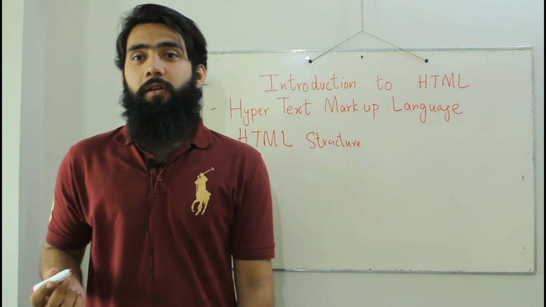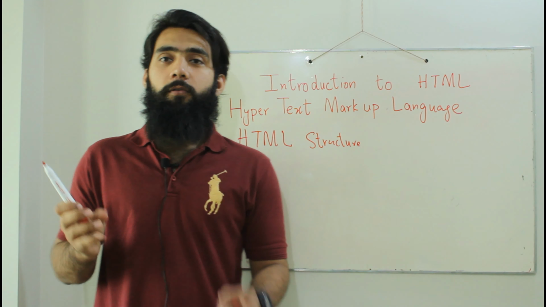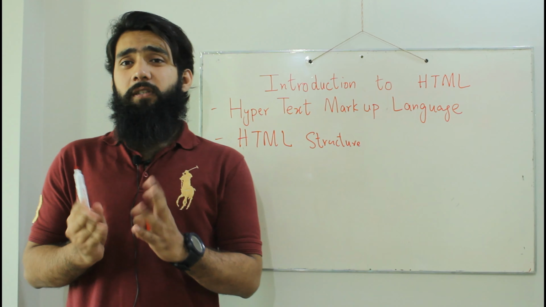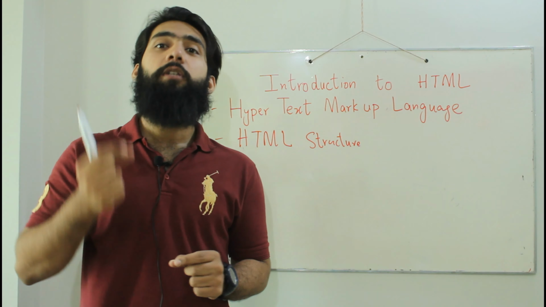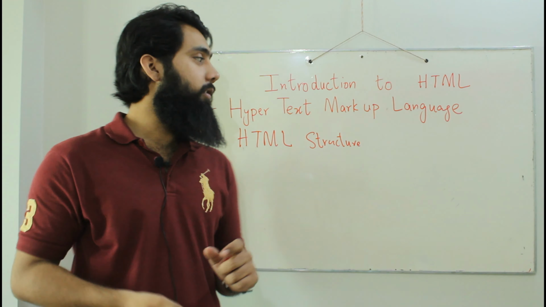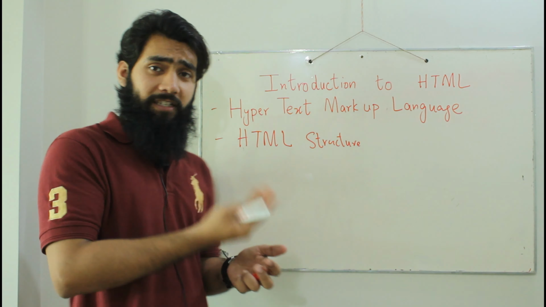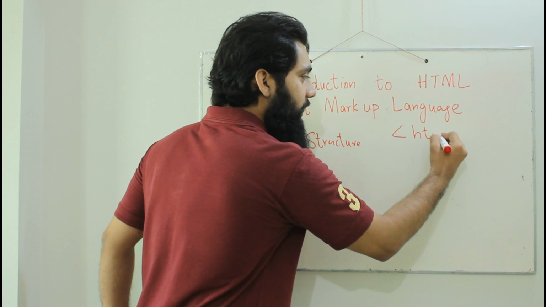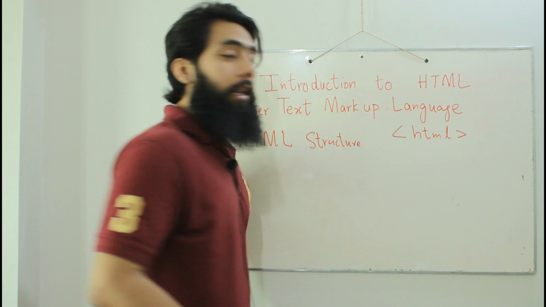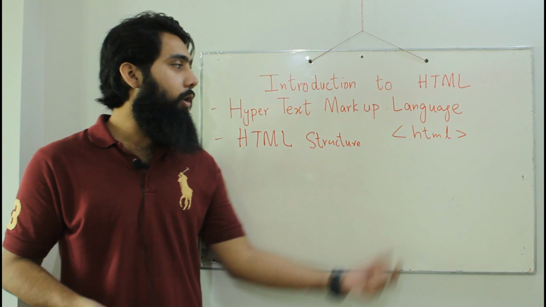So HTML structure consists of several parts. First, we have the initial point and the ending point, the initialization of the HTML code or HTML script. That would always start from HTML, like this HTML tag. This is called HTML tag.